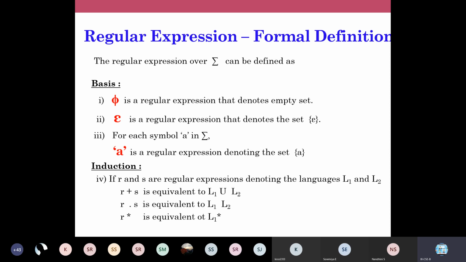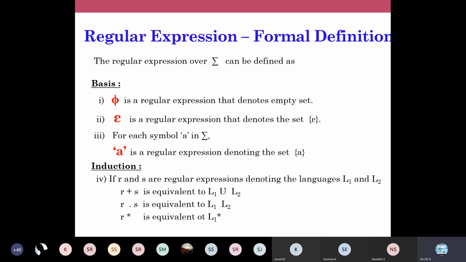For example, if L1 has a single symbol A, and I want to define a language as the set of all repetitions of A, that is A followed by AA, AAA, then 4 A's, 5 A's, 6 A's, like that, we can apply the star operator. For repetition, we apply the star operator. In that case, your regular expression is going to be R star.